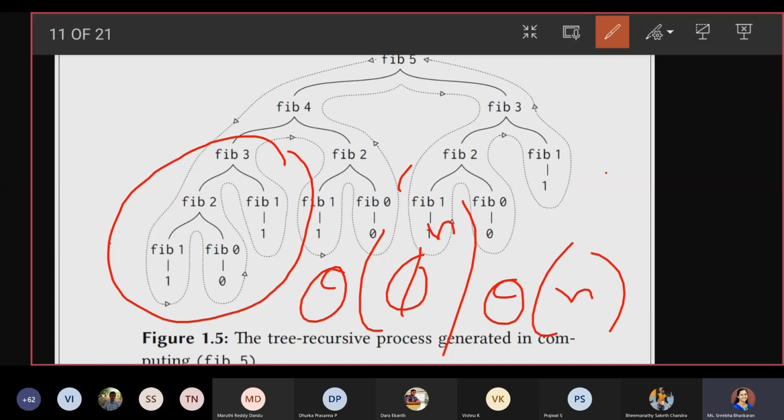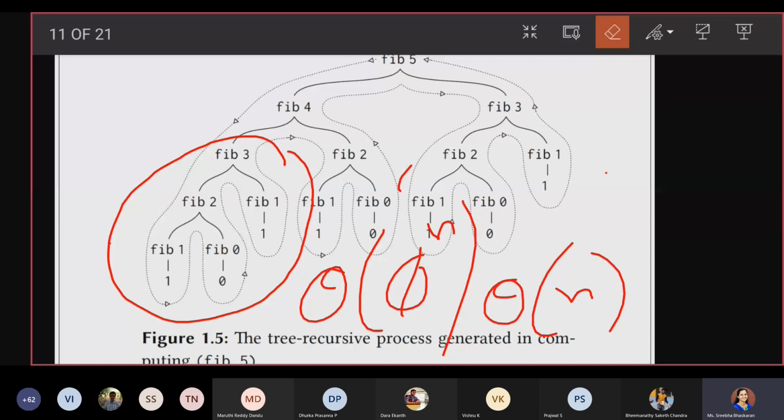Okay. So here the point is, you can write the procedure in any way. When you write the procedure in any way, you will end up having either a linear recursive process, or a linear iterative process, or a tree recursive process. These are the three processes you can achieve. These are the three ways you can write the procedure.